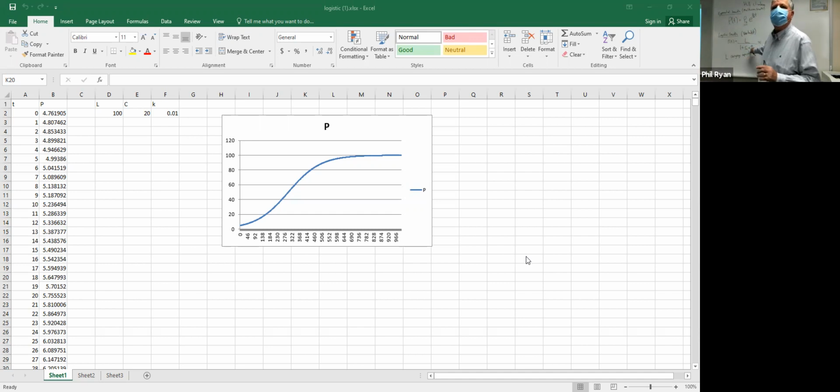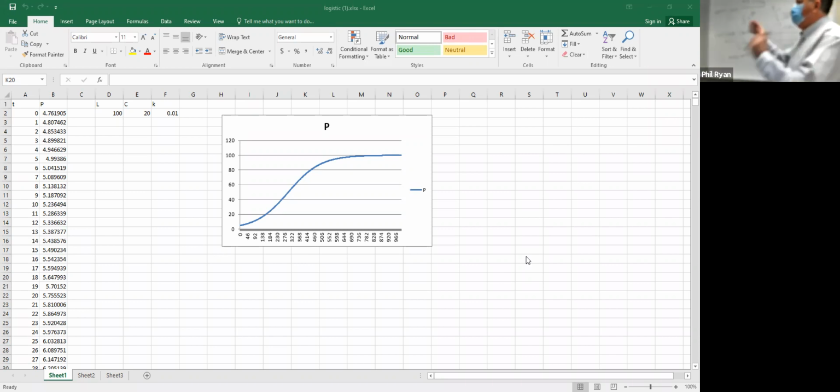So this k is the same thing as the growth rate. And this C here, it's hard to come up with a nice meaning for it. It's kind of related to the initial population. It's not exactly that, but there's a relationship between C and P naught. So that's what you can think about that.